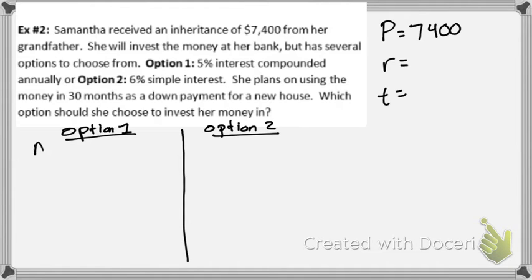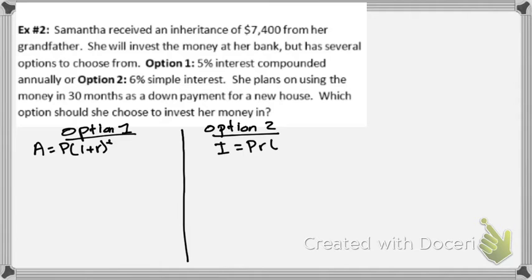Option 1, we'll use the A equals P times 1 plus R to the power of T, and option 2 will have interest is equal to PRT. Okay, let's go ahead and erase that part. Okay, so let's do PRT.